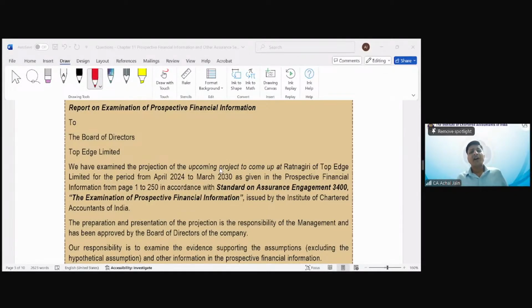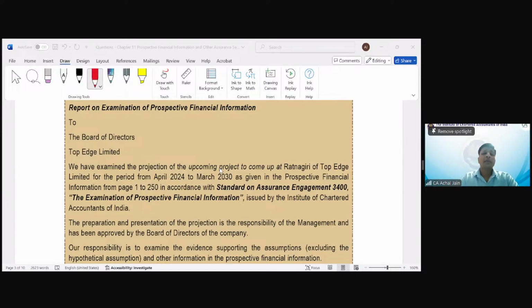So it says we have examined the projection of the upcoming project to come up at Ratnagiri of Topaz Limited for the period from April 24 to March 2030, as is given in the prospective financial information from page 1 to 250 in accordance with SAE 3400.